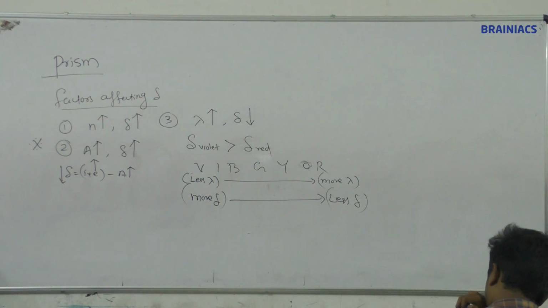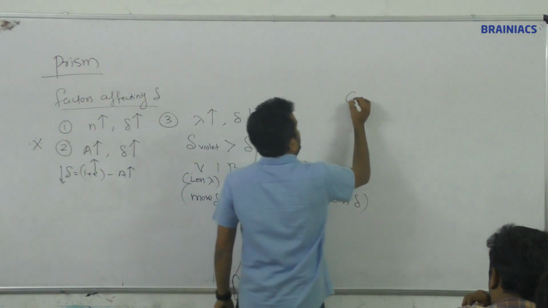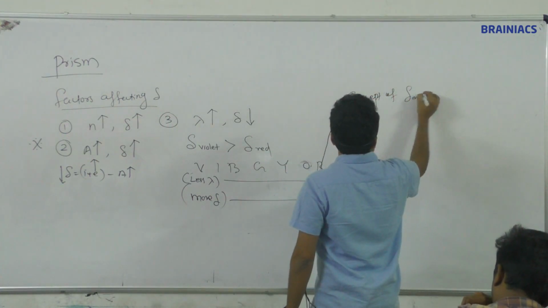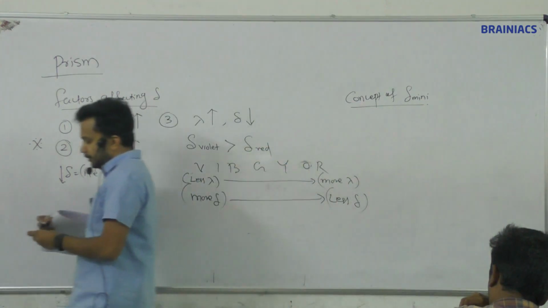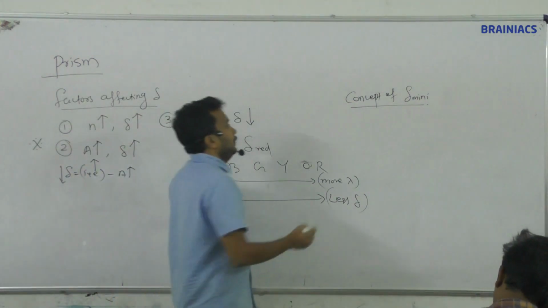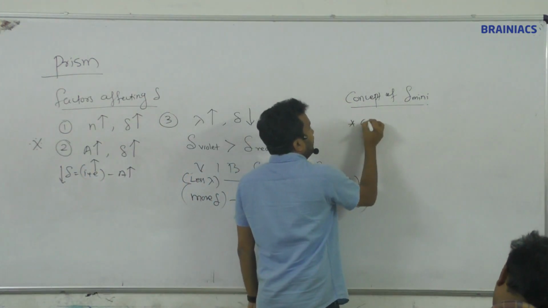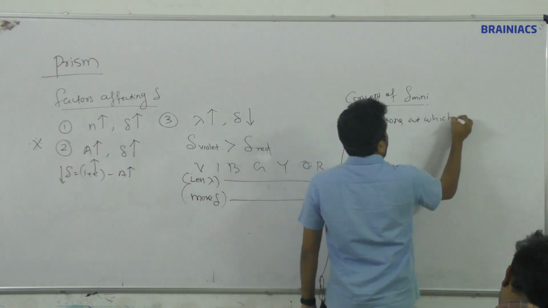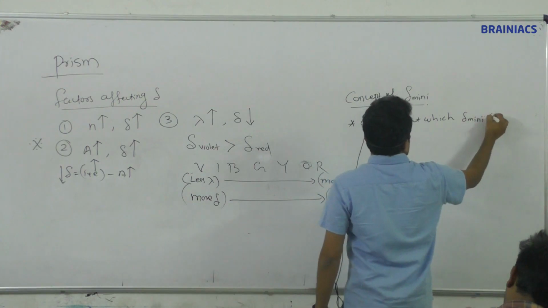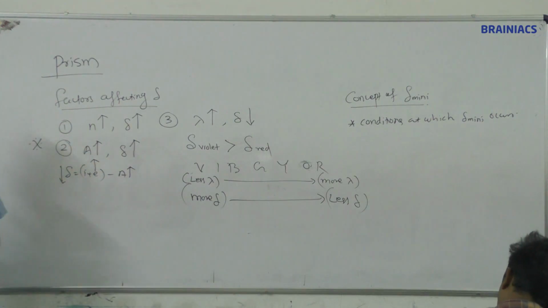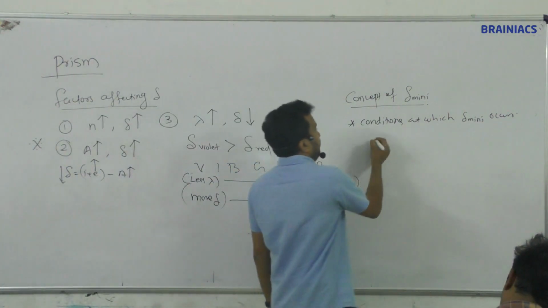Next one, concept of minimum deviation. We are going to speak about minimum deviation. What are the conditions at which delta minimum occurs?